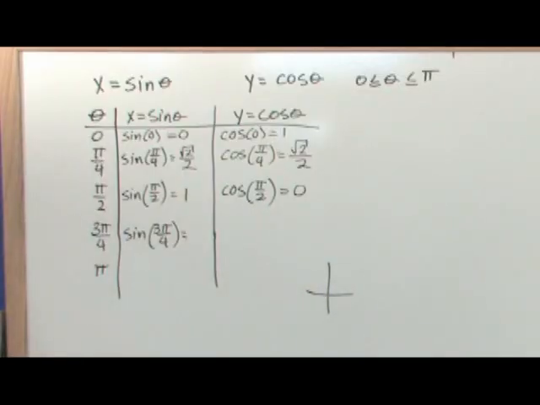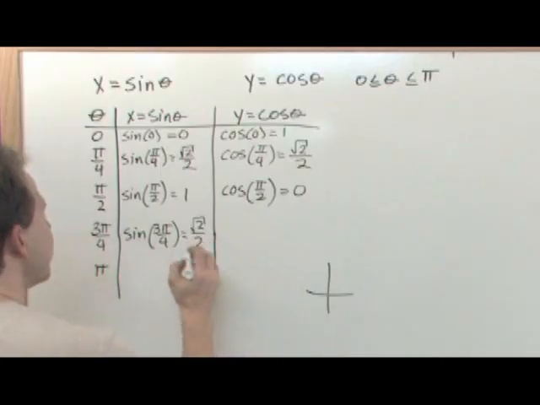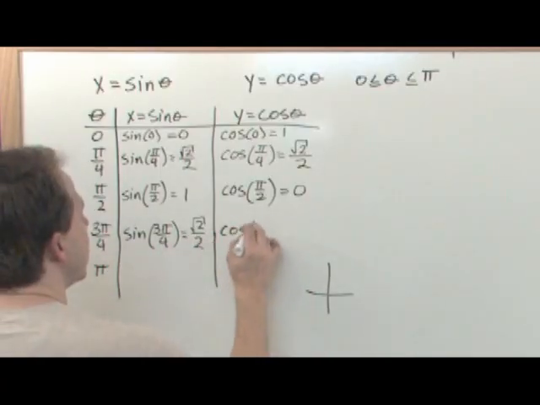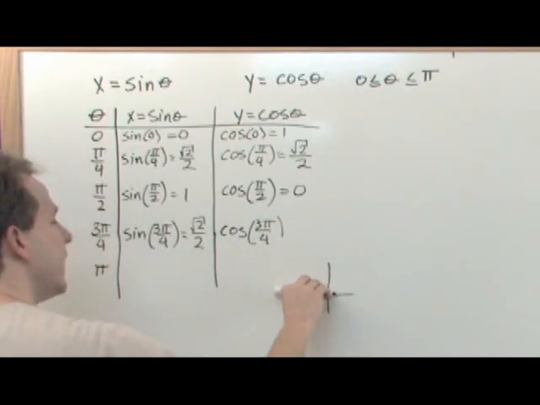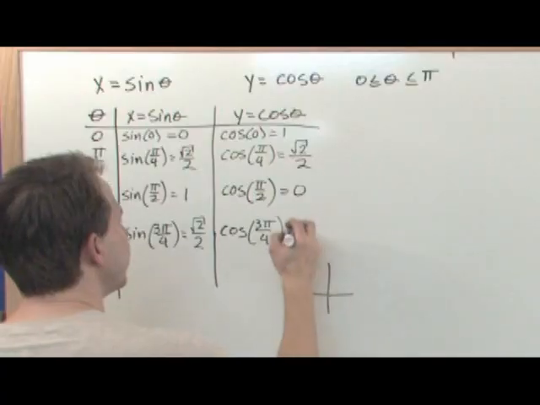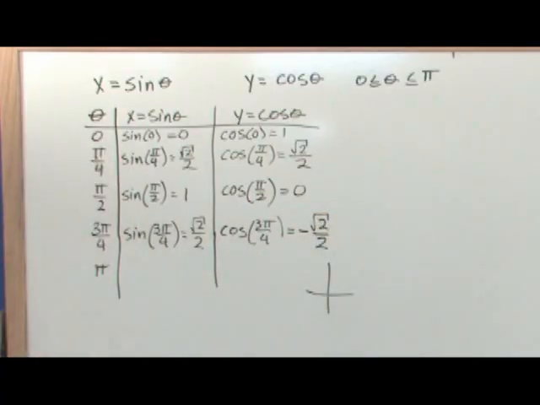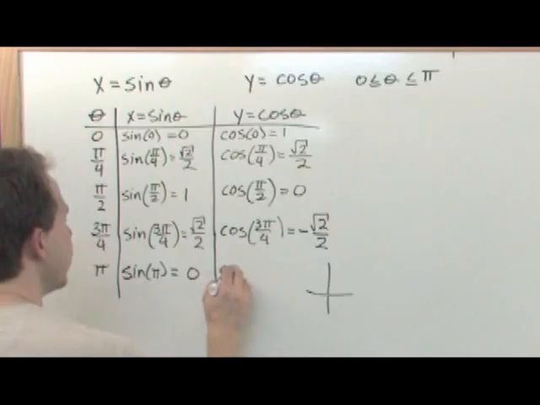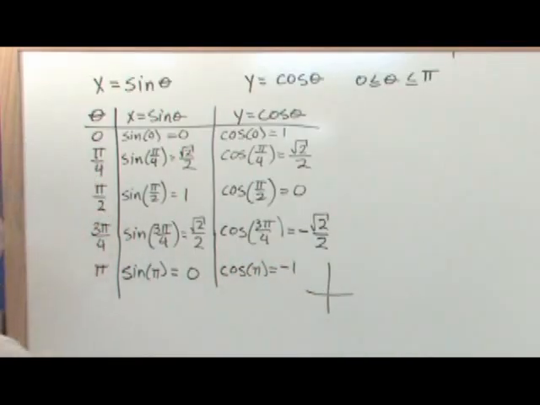The sine is, again, the same thing, square root of 2 over 2. It's positive because you're over in this quadrant. And the cosine of 3 pi over 4 over here is going to be negative, because the cosine projection over here is negative: negative square root of 2 over 2, from your trig. And finally, sine of pi all the way over here, there's no projection on y, so it's 0. And the cosine of pi is negative 1 because it's also over here.